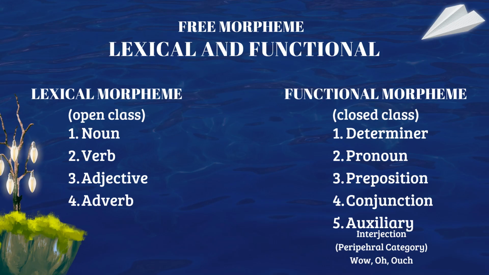Functional morphemes include determiners like the, and pronouns like he, she, it, they; prepositions like in, on, at, by; conjunctions like and, but, or; auxiliaries; and interjections like wow, oh, ouch. So, lexical morphemes are the main words and functional morphemes are the helpers that make the sentence complete.